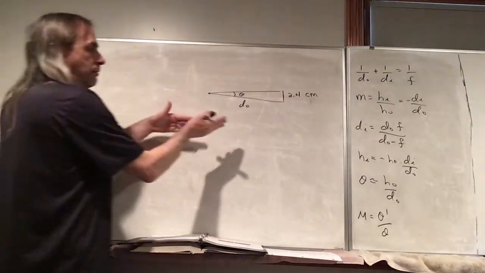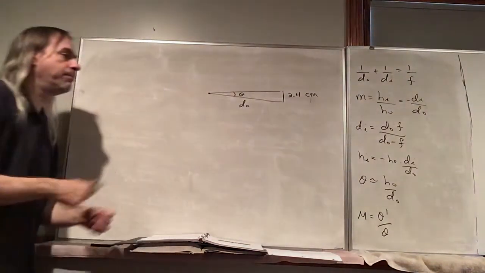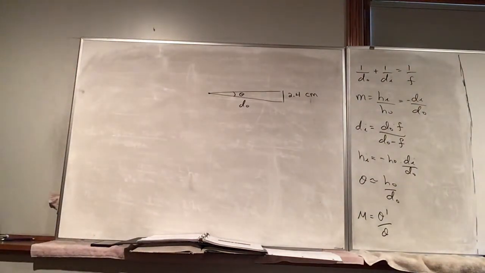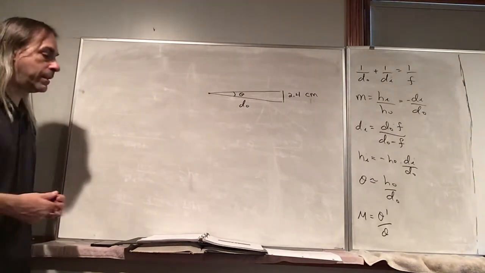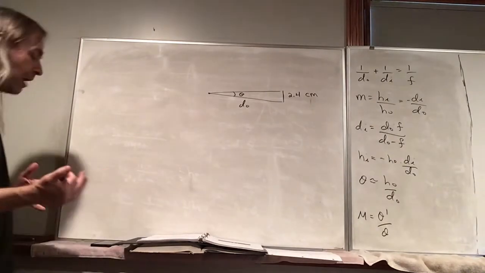If we use a lens and make the angle twice as big, then that would be a magnification of 2. And in the notes, there are various examples like telescopes and microscopes. But let's just look at the two suggested problems.